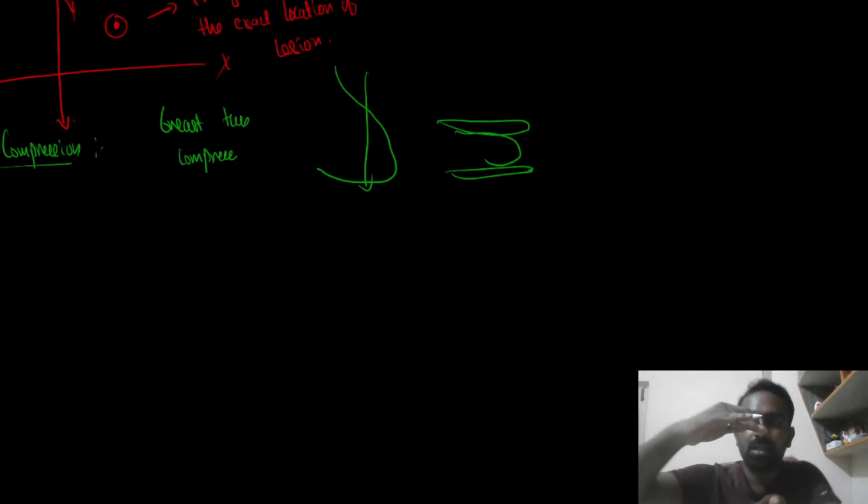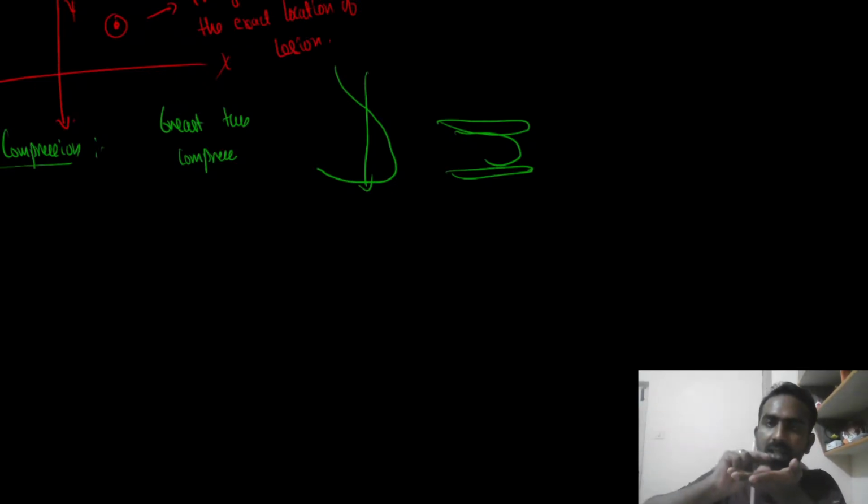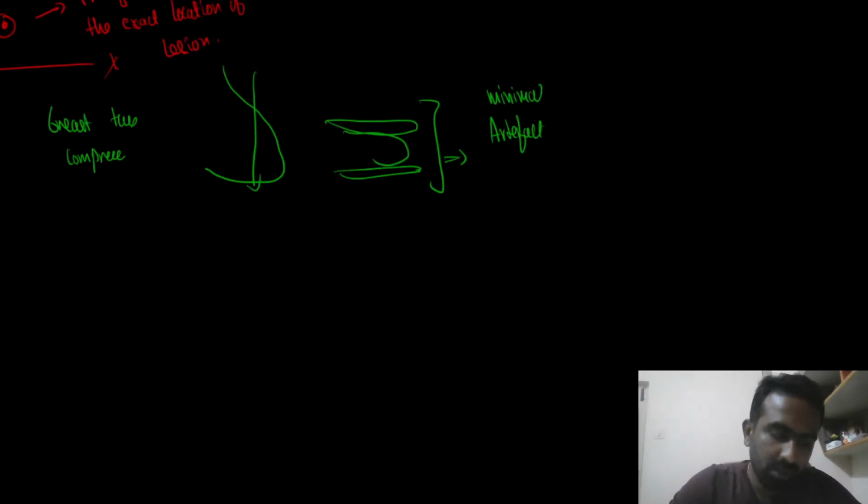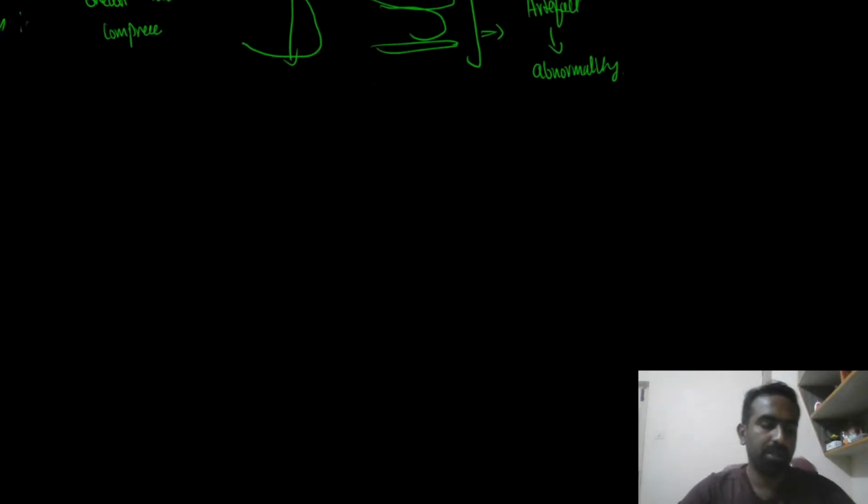When the tissue is compressed, the distance of the lesion from the emitter, the X-ray distance, will be less. When the distance is less, the artifacts will be minimized. There will be minimal artifacts, and we have very good resolution of the abnormality. That is about the spot compression view.